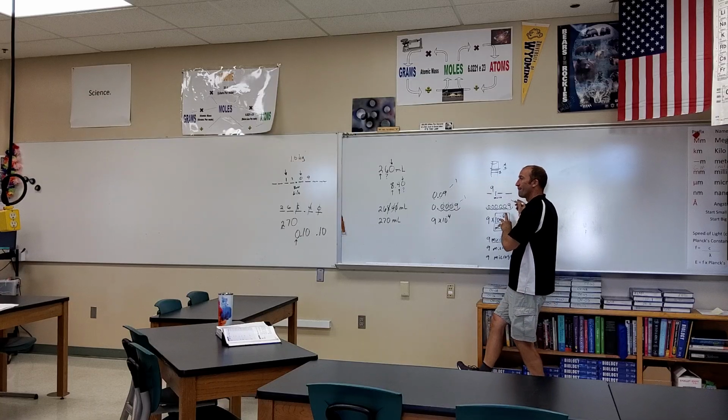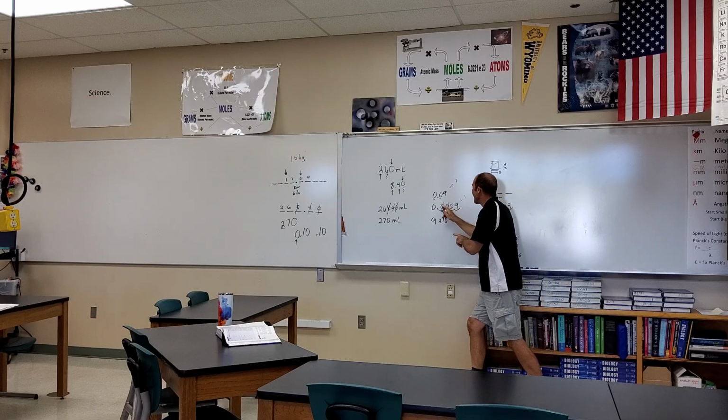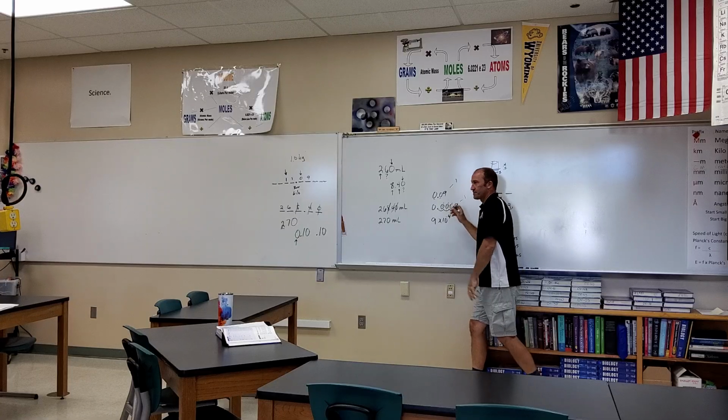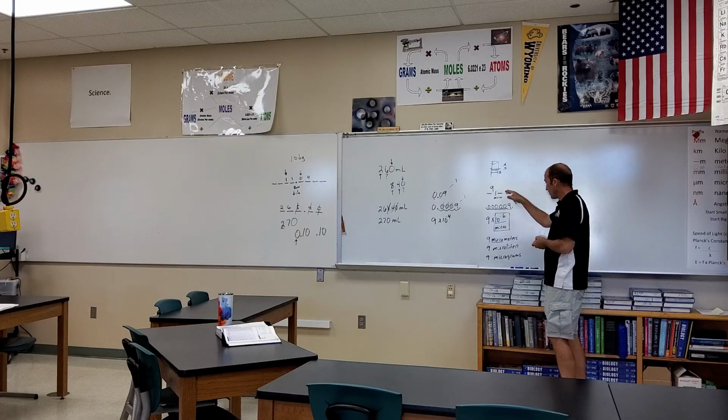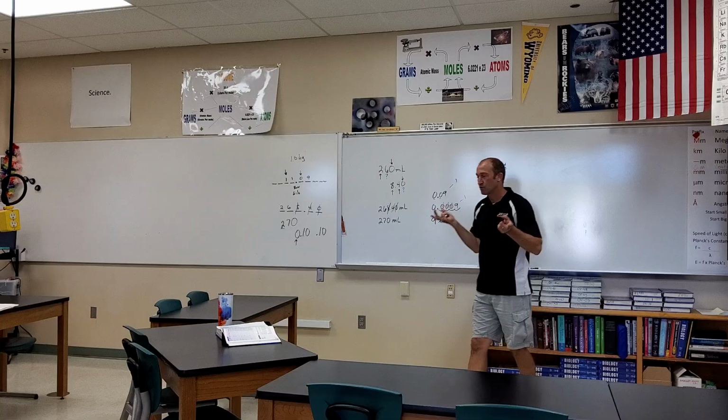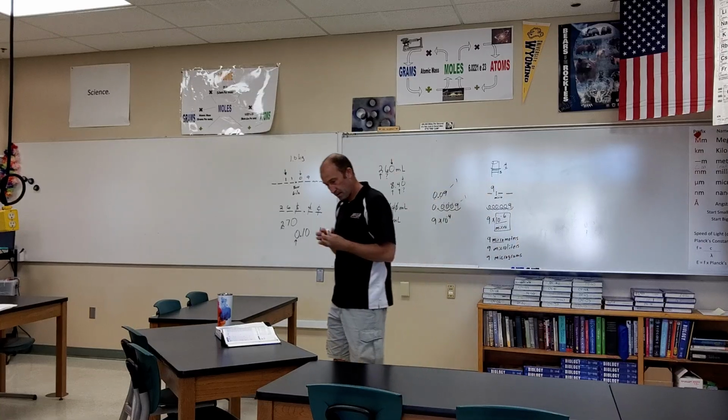Which is why these are not important zeros. This is going to be very handy. Why do we use scientific notation? To deal with really big and really small numbers. And so the metric system becomes very useful when we start doing that.